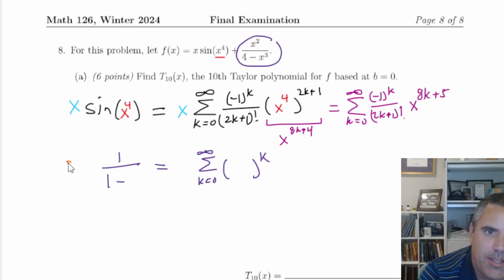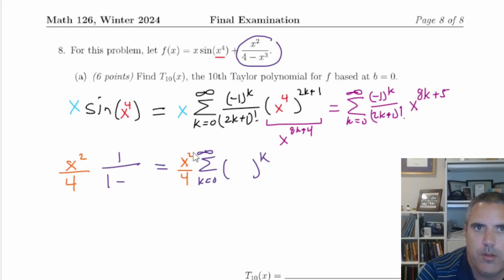Well, I'm going to put an x squared out here, and I'm going to put a 4 here. Factor those out. So there's an x squared and a 4 out front. What does that leave in this spot? Well, let's see. It's going to be x cubed over 4.